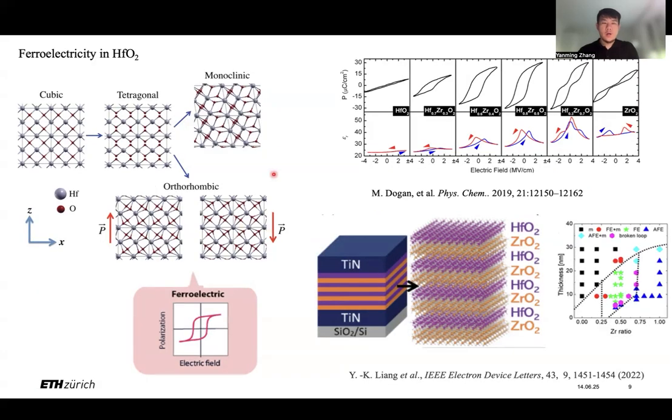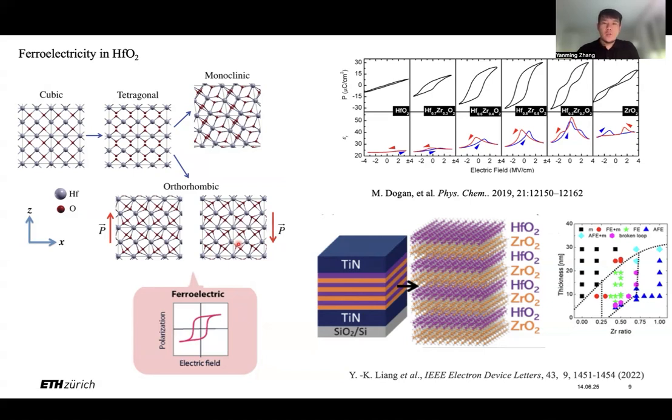In terms of materials, the ferroelectric oxide we are studying is hafnia. For decades, hafnia has been used as a high-K dielectric material in the semiconductor industry. But only 12 years ago, ferroelectricity was observed in hafnia thin films. According to the crystal structure, the polarization is only possible in the orthorhombic phase, which is metastable and non-centrosymmetric.